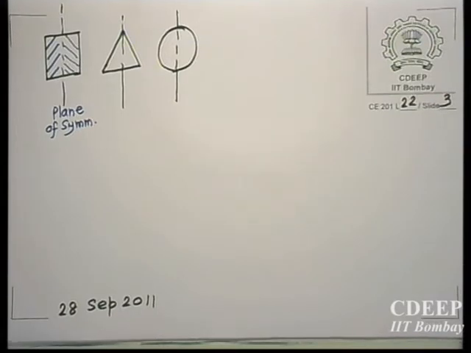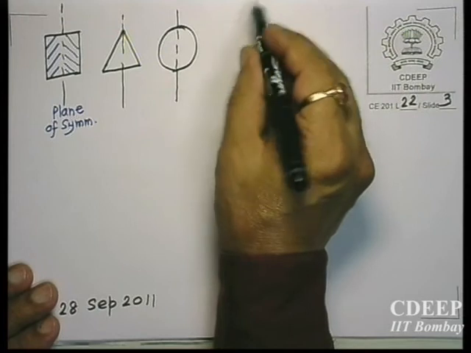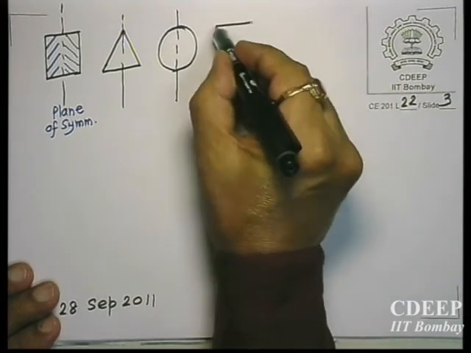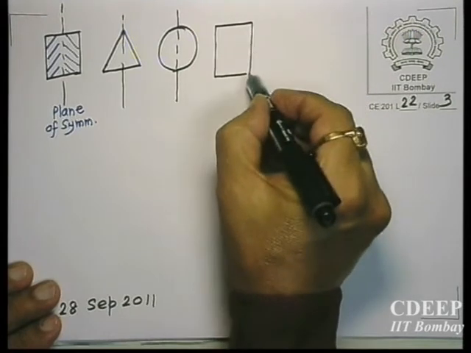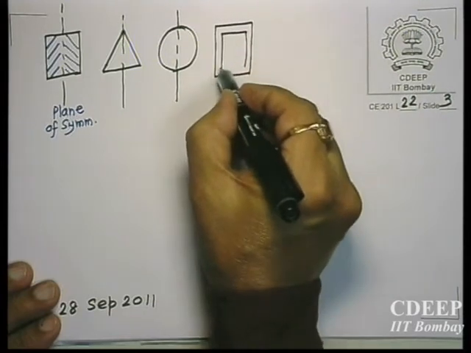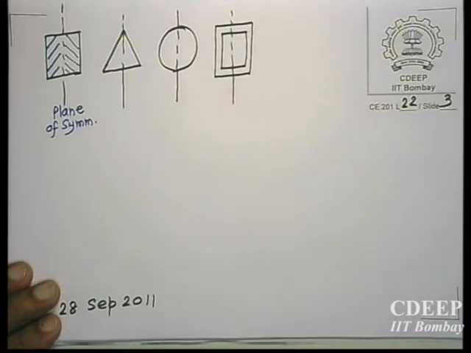Then we can also have a section which we call a box section. Yes, this also has a plane of symmetry. It's possible.